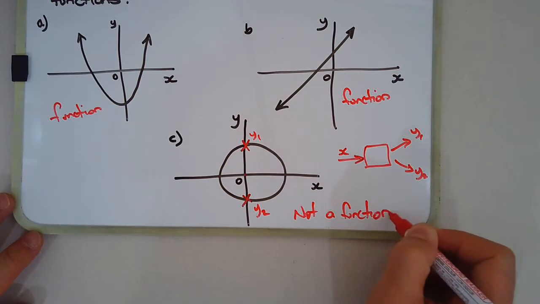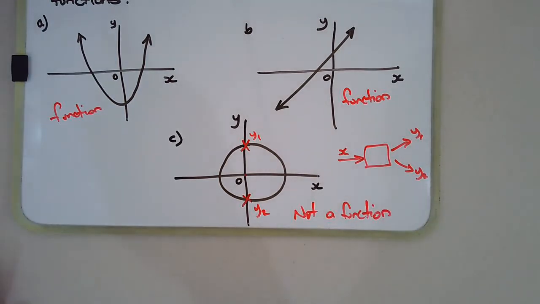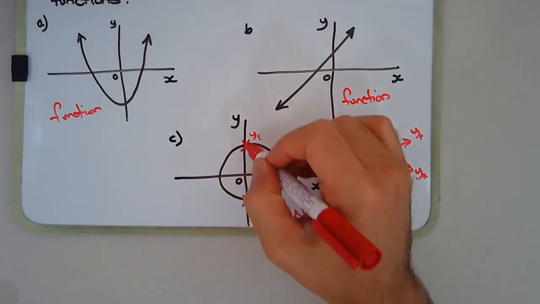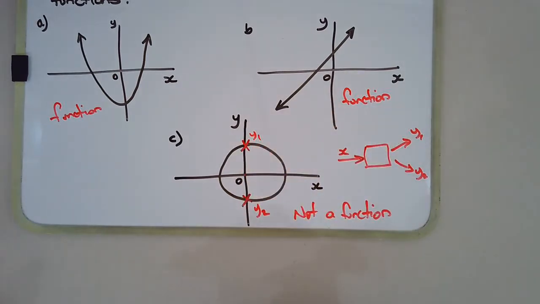You only have to find one x value, one input value, that results in more than one y value, and it's not a function. Unless we put a restriction in place, from what we can see here, this is not a function.